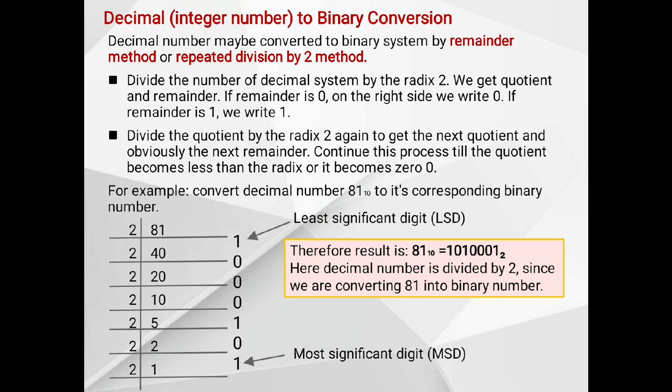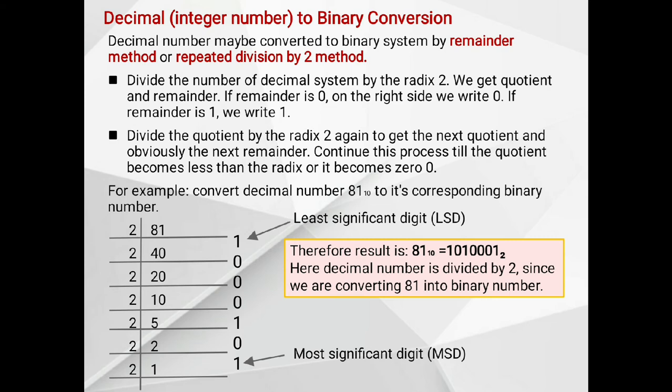If you see that particular example, we are converting the decimal number to the binary number. By the division method, we always divide by 2, even when converting from decimal to binary, because binary has only 2 digits.